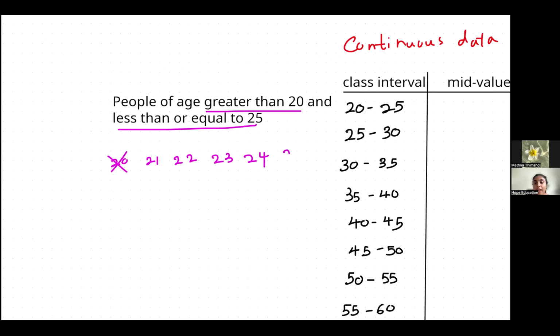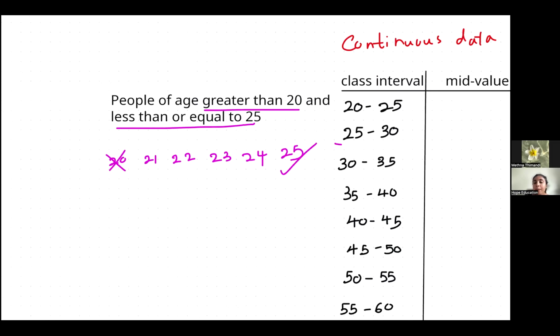For the next class, people of age greater than 25 and less than or equal to 30: we don't take 25, we take 26, 27, 28, 29, 30. Then greater than 30 and less than or equal to 35: 31, 32, 33, 34, 35. Likewise. Is that clear?